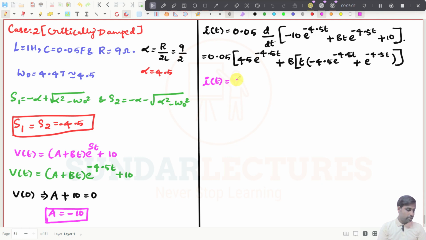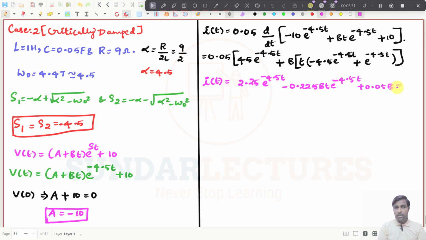It will be 2.25 e power minus 4.5 t, that is the first term, and minus 0.225 bt e power minus 4.5 t plus 0.05 b e power minus 4.5 t. Now you see, this is the expression for I of t.